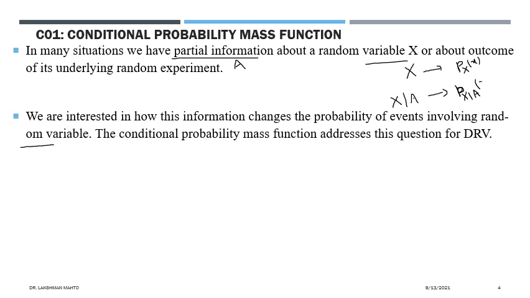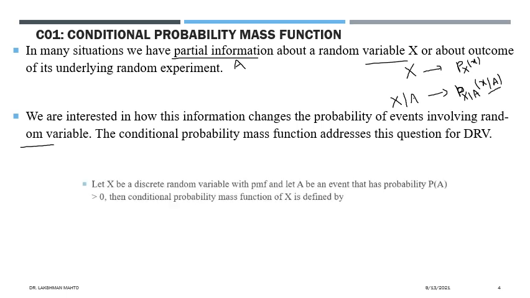Some books write X given A in the argument as well, but since A is already observed, you can omit it in this notation. For better understanding, though, you should proceed with A, because ultimately you have to apply the definition of the conditional probability mass function. The only variable thing is x, the value that X is observing once you already have partial information. So we will define it this way.